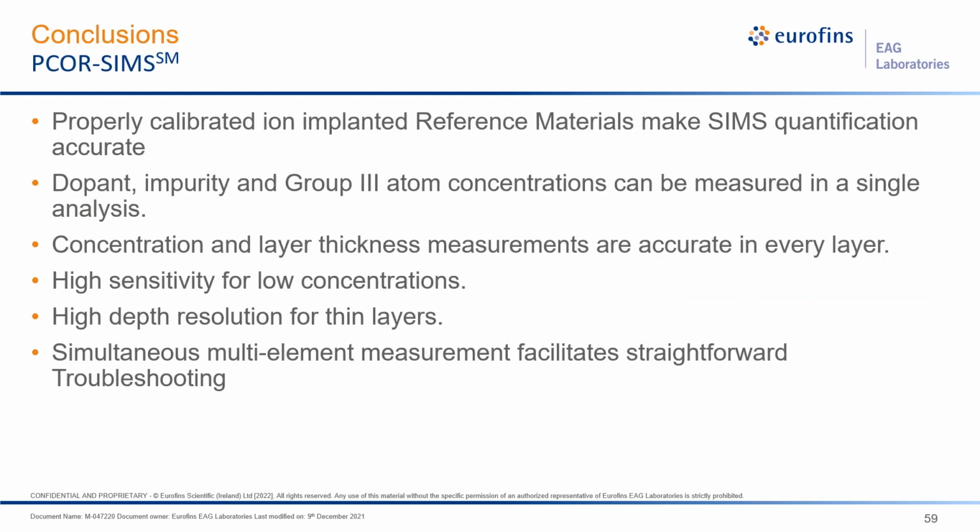And I wanted to make a point that for compound semiconductors, properly calibrated ion implant reference materials make the SIMS data useful. You can measure the dopant and impurities together with the group 3 or group 5 atom fractions. So it is useful for dopant design or troubleshooting.